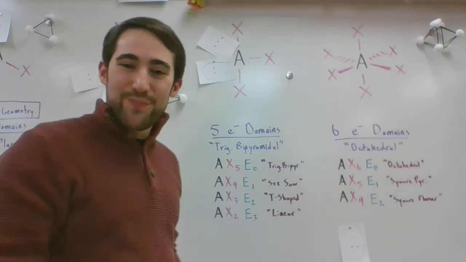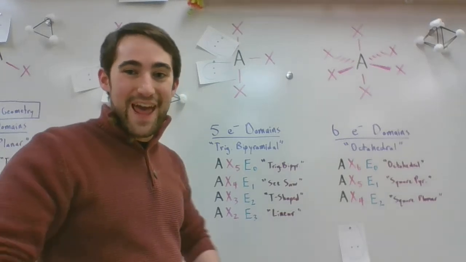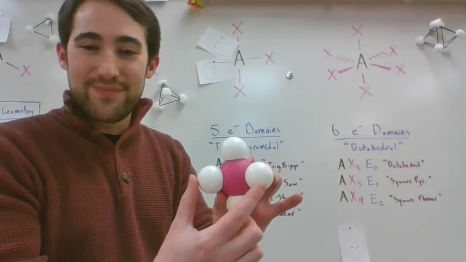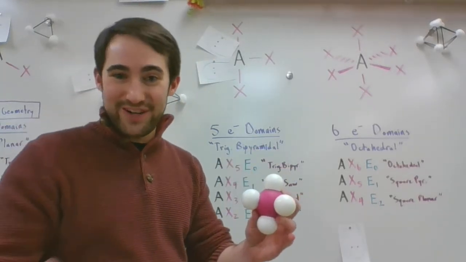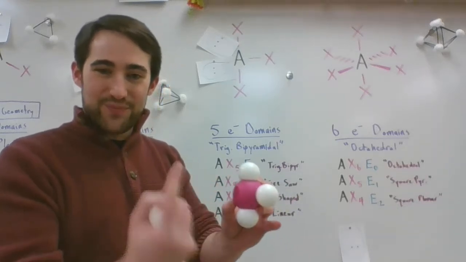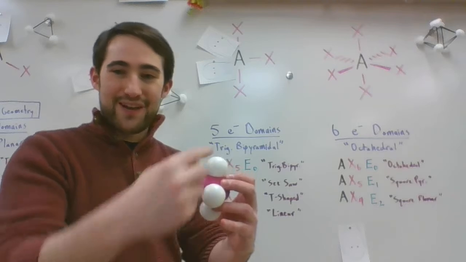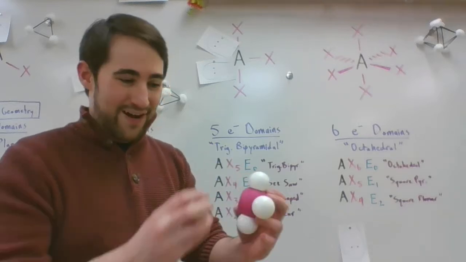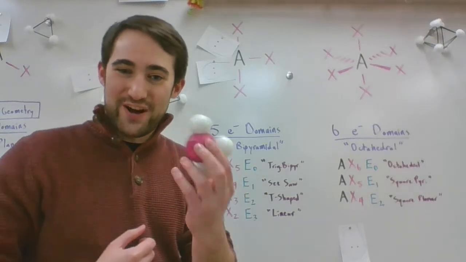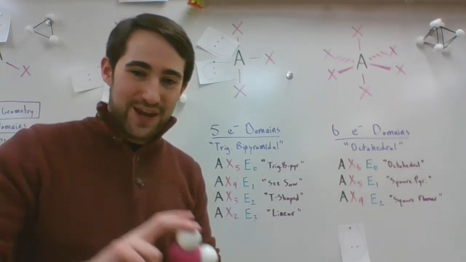As a result, we want to put those lone pairs where they have the most room. If the atoms in the middle usually have 120 degrees between each other, we probably want to give them that extra room rather than putting them up here where they're 90 degrees away from other atoms. So it gives them a little bit more space to stretch out. That's how we get the T-shape.